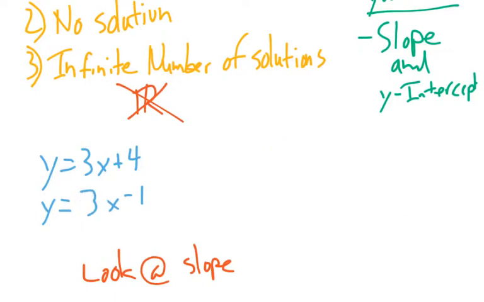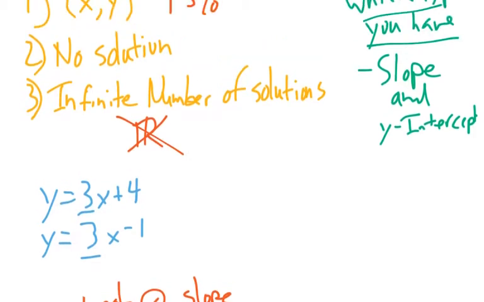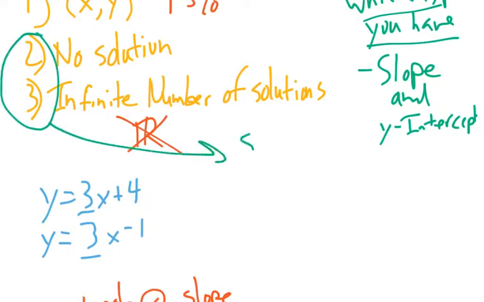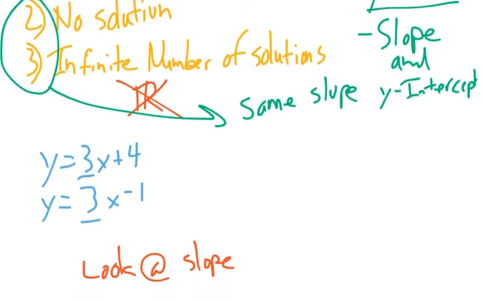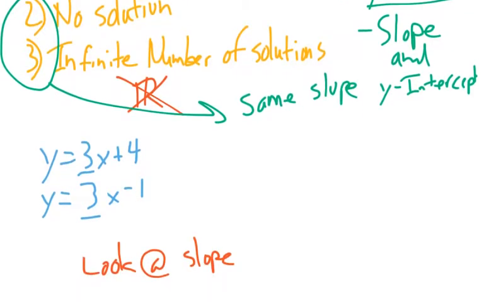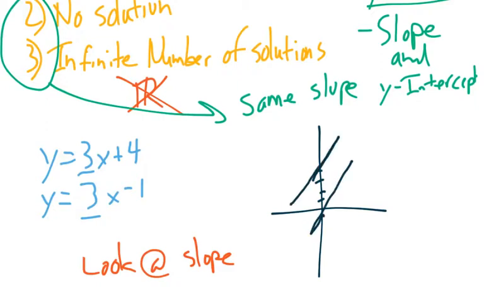But let's change things up a little bit now. So now I've changed it so that they both have a slope of 3. So if the slope is the same, this is going to result in having the same slope, but we don't know which one it is yet. But let's think about it graphically. If we were to graph it, since they both have the same slope, they're just starting at different points, and essentially they're parallel lines.